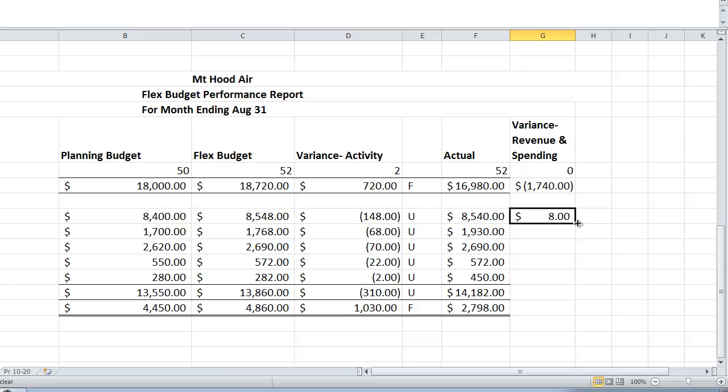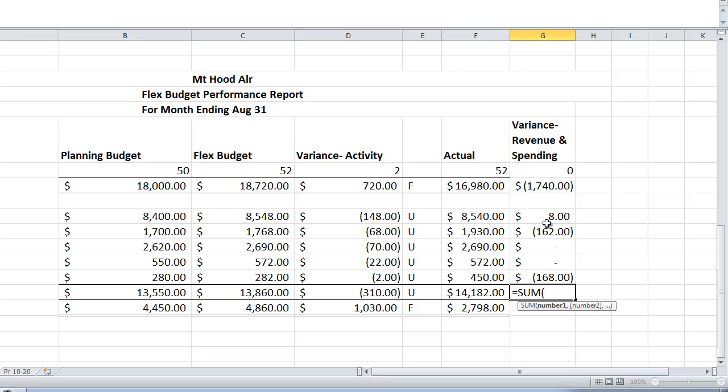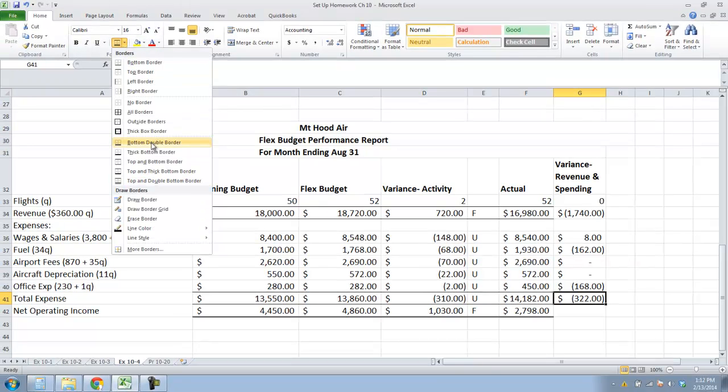Anything negative. I'm going to make this look nice.